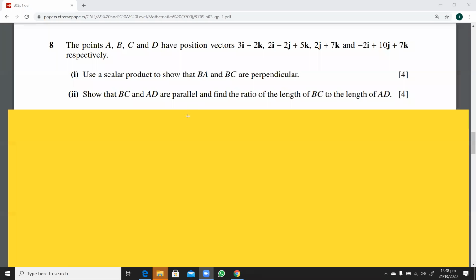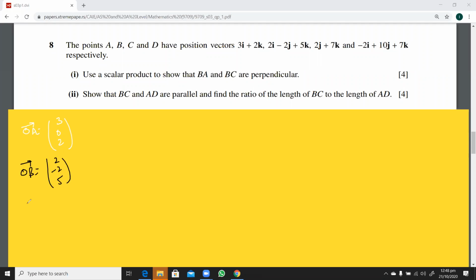Okay, we have a question from June 3. We are given the points A, B, C, and D. So I would start by saying that I have OA, which is 3, 0, 2. That is my OA. Then I have my OB, which is 2, minus 2, 5.